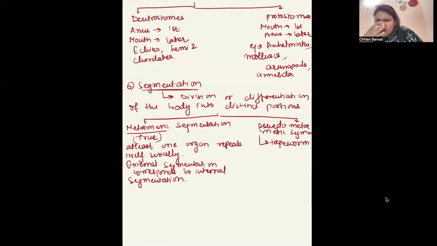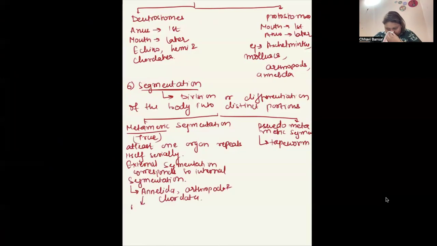There are three phyla only that have it: Annelida, Arthropoda, and Chordata. Annelida have both external and internal segments.